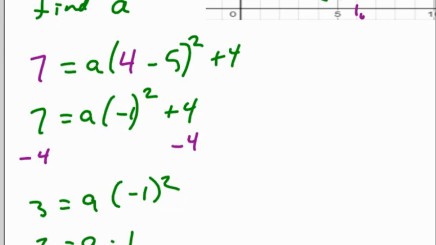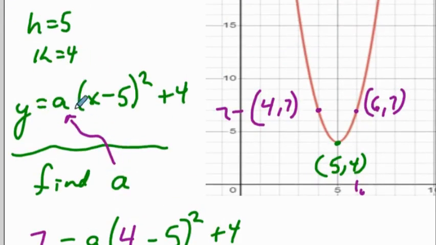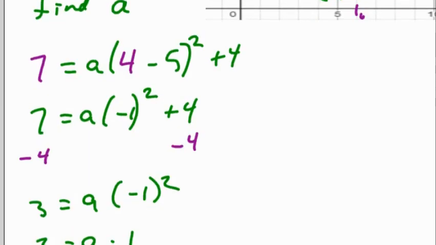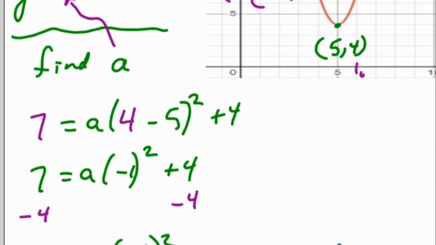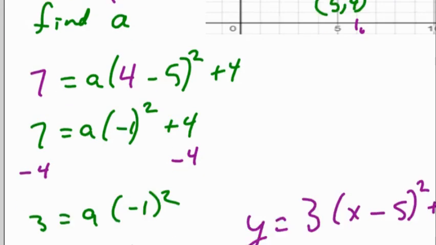So a is 3. So once again, I'm going to put that value in there, and that's our final answer. Let's write that in a nice bright color here. I'll go purple. So y equals 3 times (x minus 5) squared plus 4. There's our final answer.